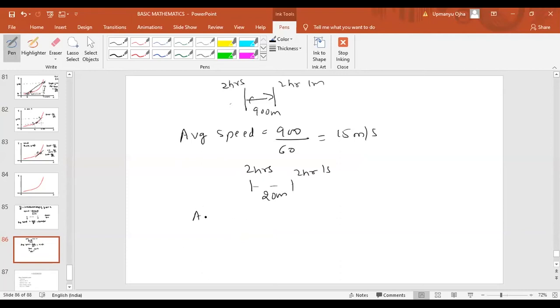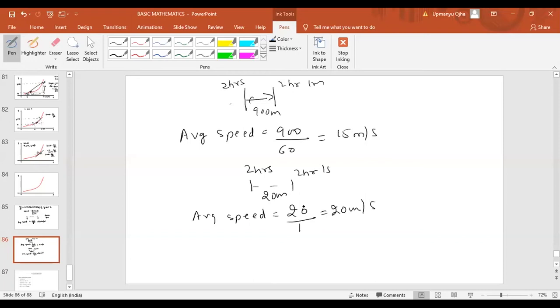Now can you tell what is the average speed in 1 second? Average speed in 1 second was basically 20 by 1, that is 20 meter per second. Now I can say that in 1 second the speed was 20 meter per second, which means if I keep on reducing the time interval, basically I am reaching the speed of the car at any instant, like at 2 hours.